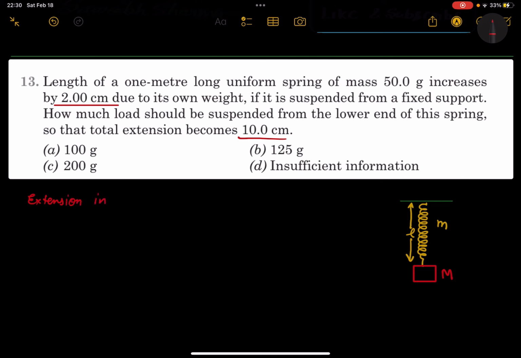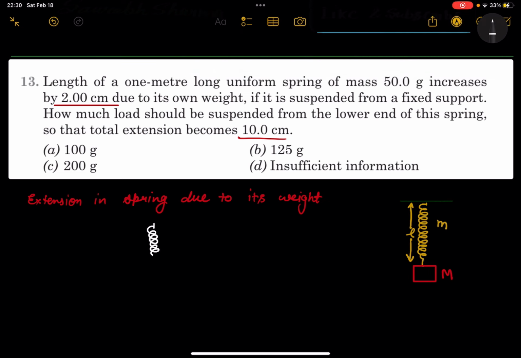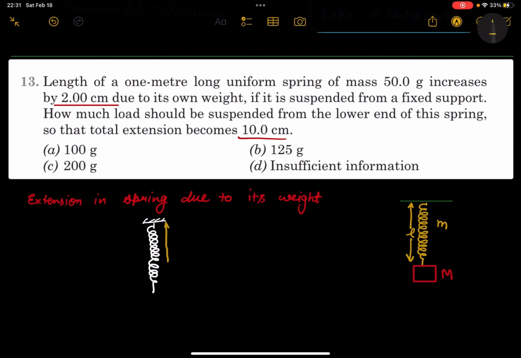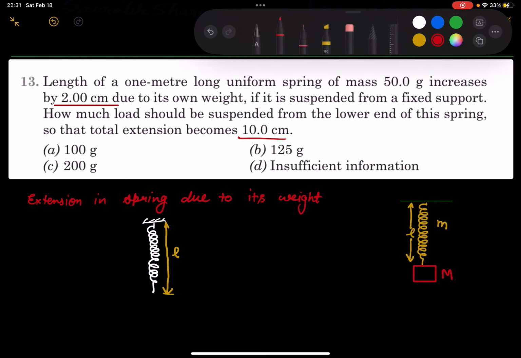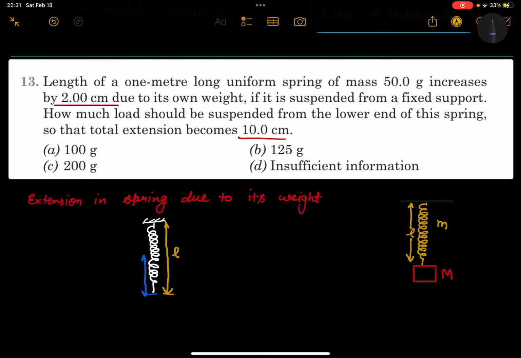So let's say I want to draw the extension in a spring due to its weight. My dear friend, so this is your spring, and this spring length is L. So I am considering, at a distance x from the bottom, the dx elementary part of this spring.